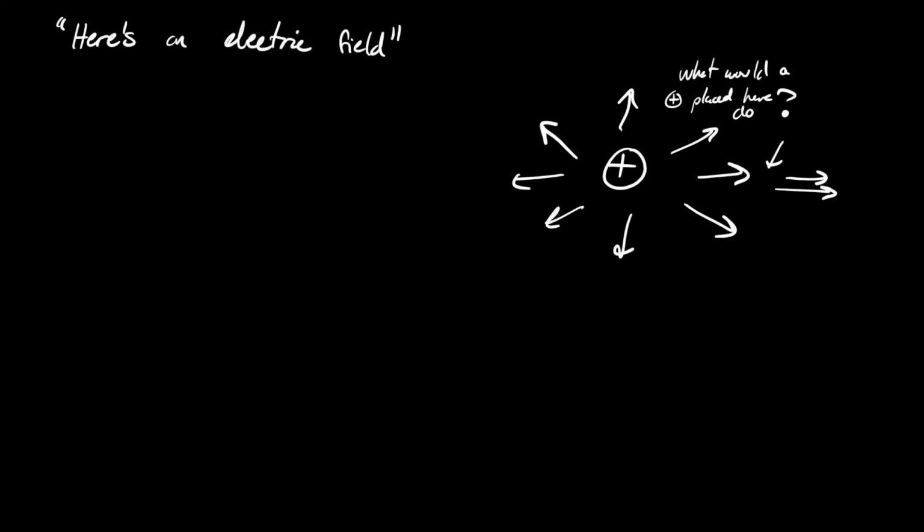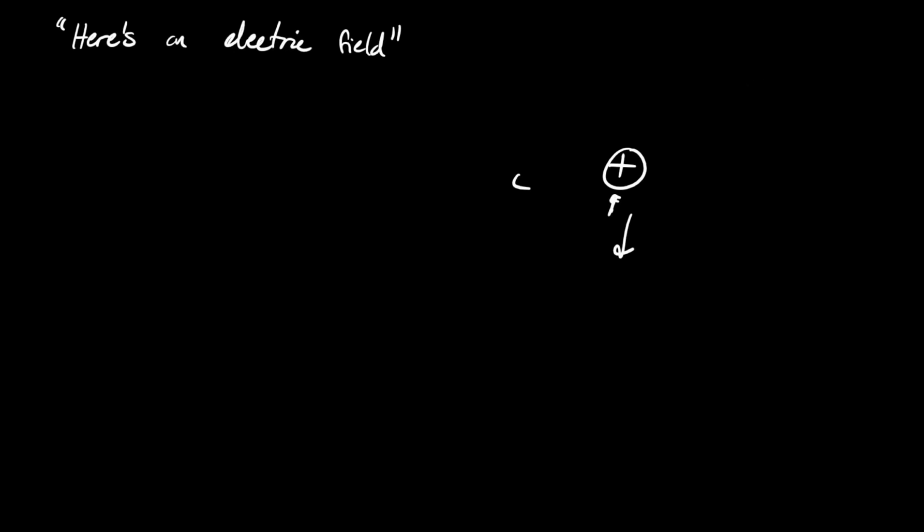Now, conversely, if I put a negative charge here, firstly, let's look at it as being due to this charge. This charge is what is creating this electric field. If I erase all the field lines and my previous question, and I put a negative charge here, what happens?